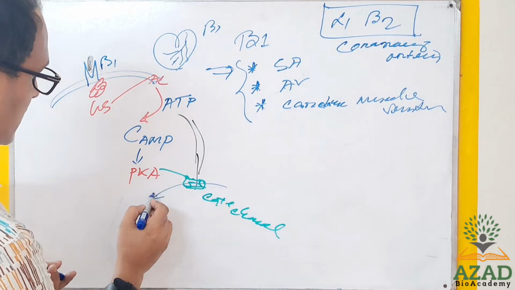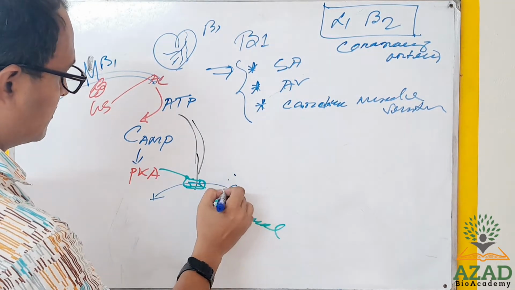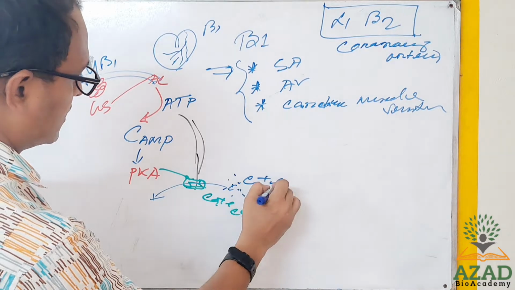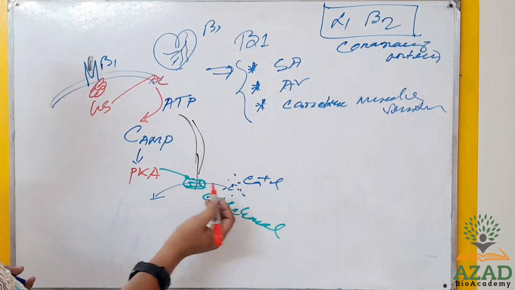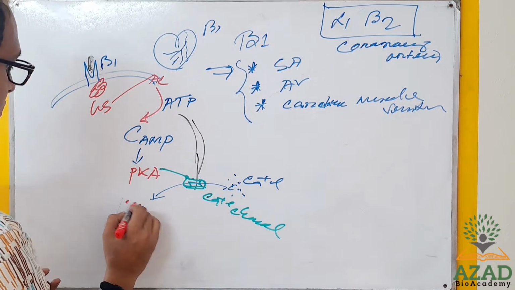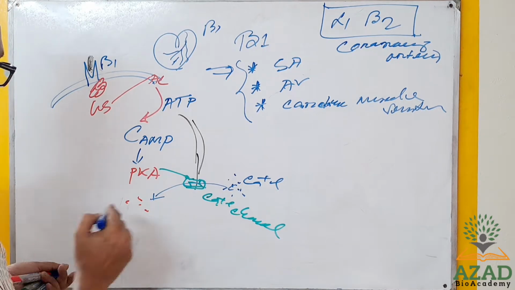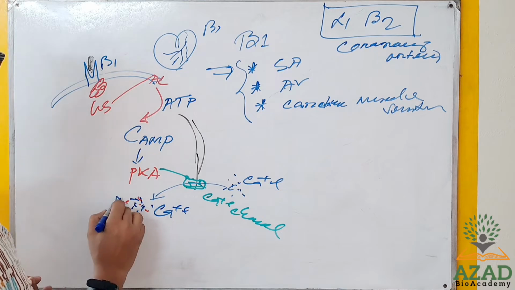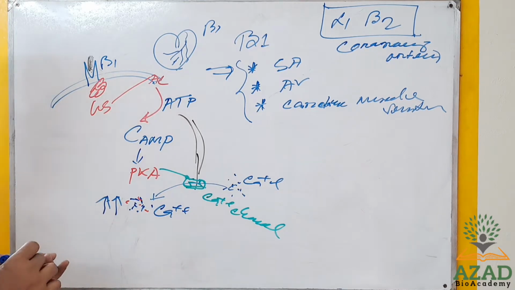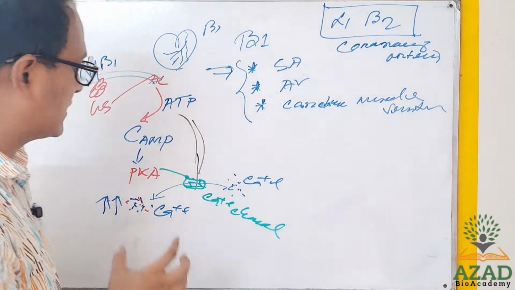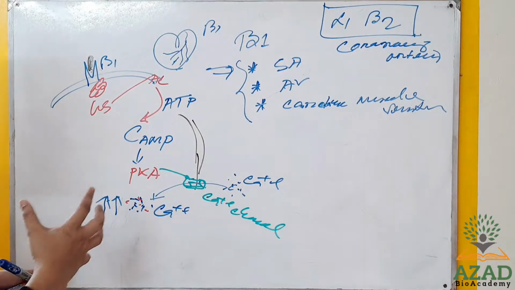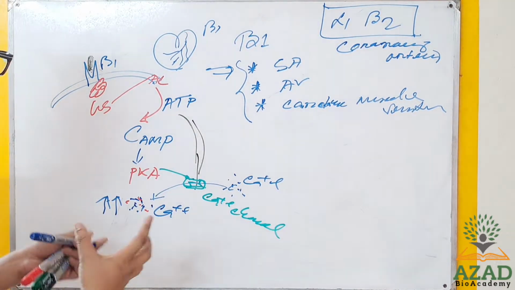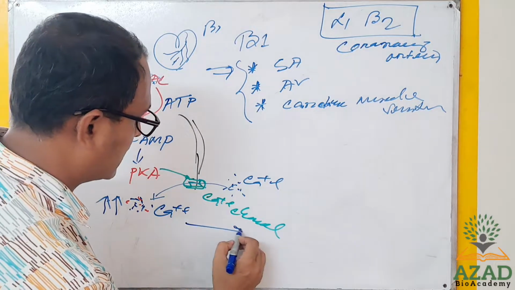Then calcium, these are the calcium if you think, will enter from outside to inside. So intracellular calcium will increase. In your cardiac muscle, the calcium binding protein is troponin.